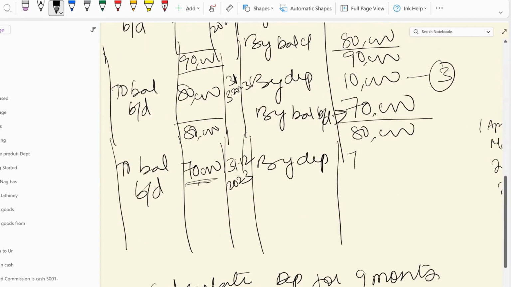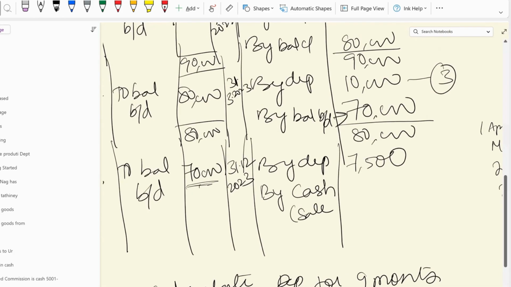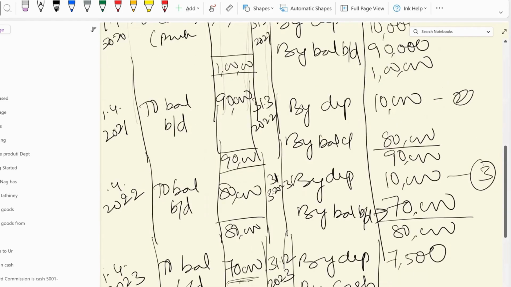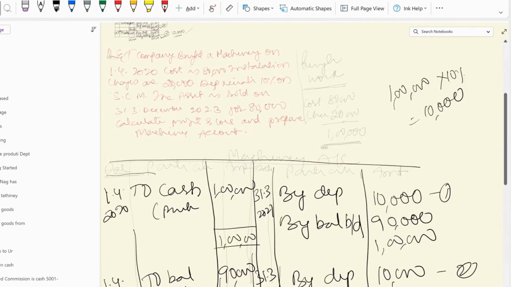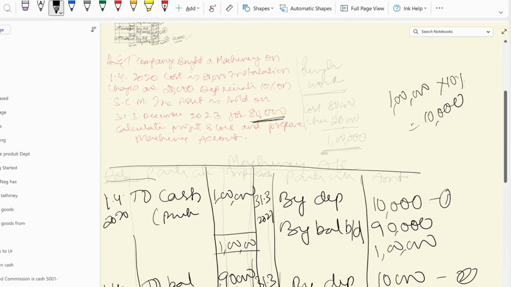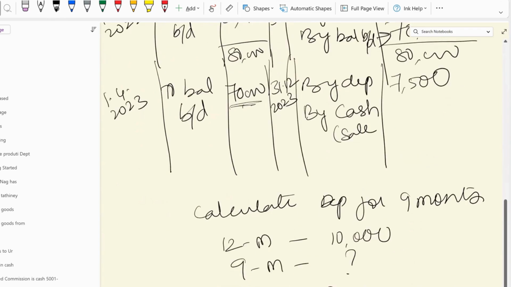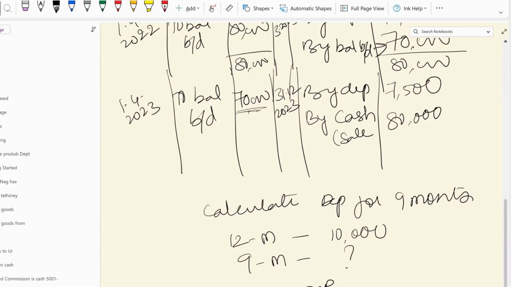Okay. So by depreciation 7,500. And for how much is it sold? If you sold it, we will write it as by cash sale. We sold it for 80,000. So we have to find out whether we got profit or loss.